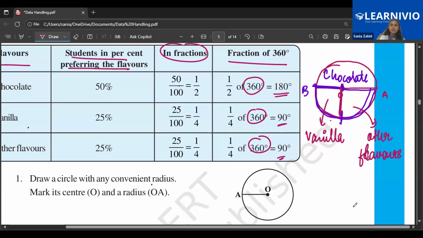So all of you show me the figure, whatever you got. Ma'am, can you see? Okay, Harmeen's is correct. Harmeen, but your circle is very small. I told you to take at least 3 or 4 centimeters.